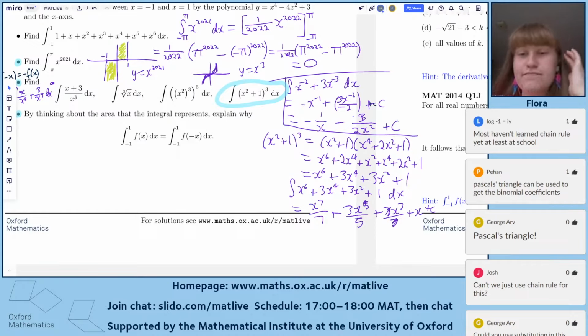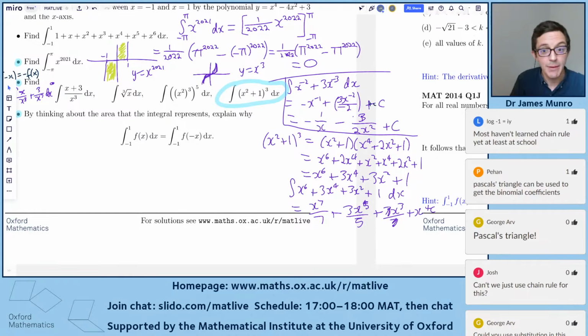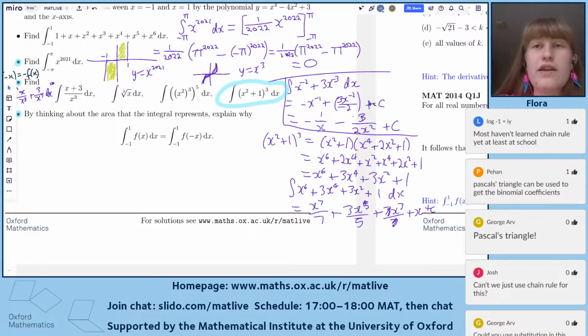Right, should we talk about the last one? Yeah, I want to mention briefly, people in chat are asking if they can do this with the chain rule or with integration by substitution. I suppose those are the same thing. Chain rule kind of is substitution, but without actually substituting, isn't it?